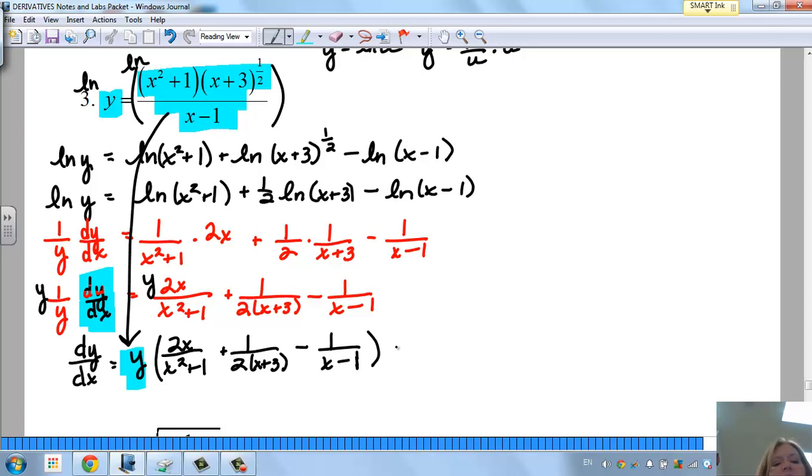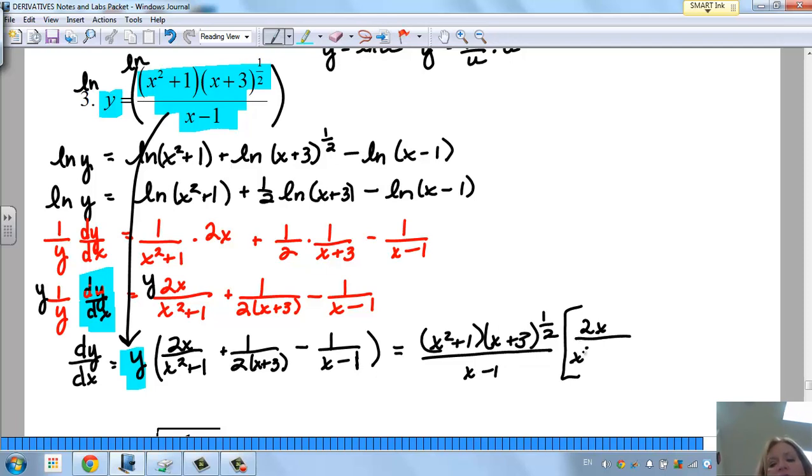So the actual derivative is going to be, ready, x squared plus 1 times x plus 3 to the half, divided by x minus 1, times 2x over x squared plus 1, plus 1 over 2 times x plus 3, minus 1 over x minus 1.